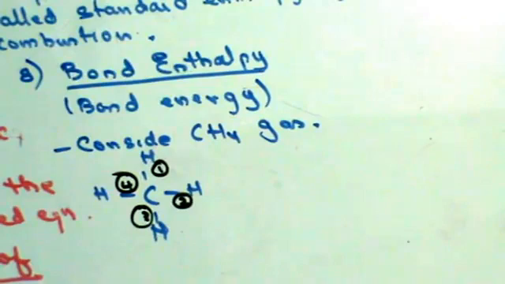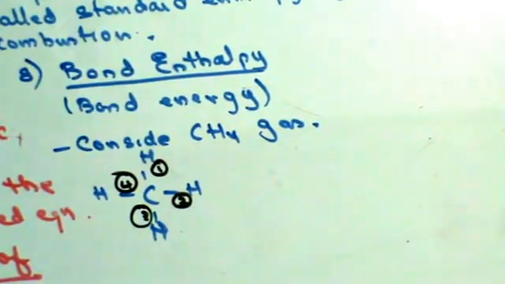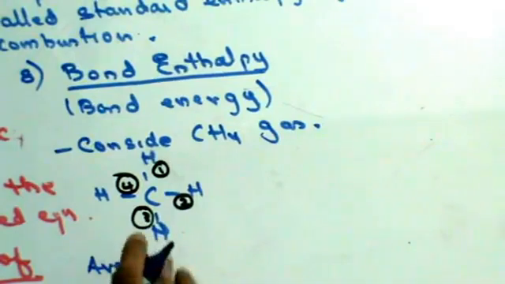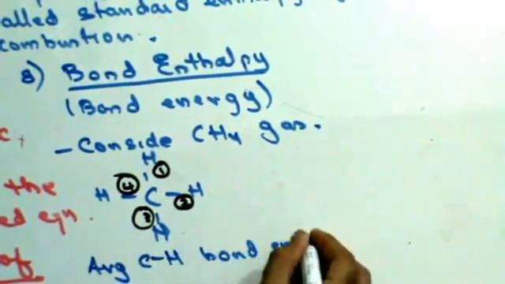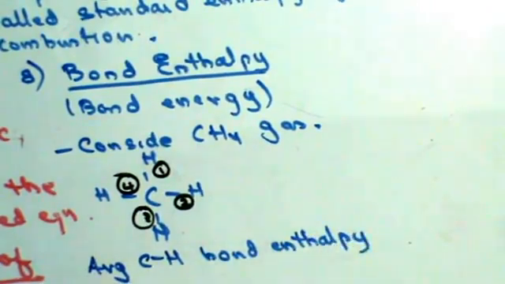So in that case, what is the average C-H bond enthalpy here? The average C-H bond enthalpy will be the amount of energy required to break each bond.